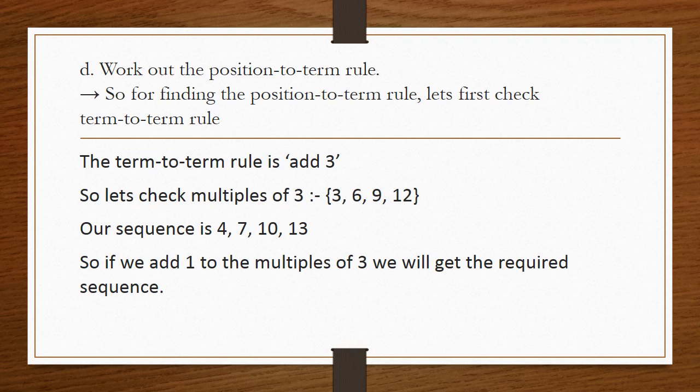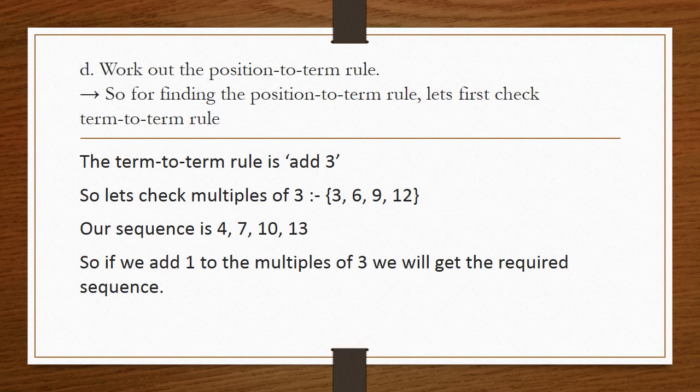Now in the multiples of 3, if we add 1, then we will get our sequence: 3 plus 1 is 4, 6 plus 1 is 7, 9 plus 1 is 10, 12 plus 1 is 13.